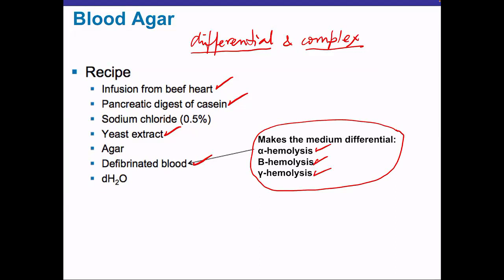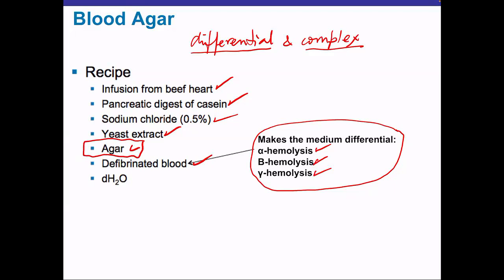Before I go into explaining each of these kinds of hemolysis, let's finish looking at all the ingredients in this medium. For example, it has sodium chloride to give the proper osmolarity to the medium. It's an isosmolar medium. It has agar, and remember that the function of agar in microbiological medium is always as a solidifying agent.